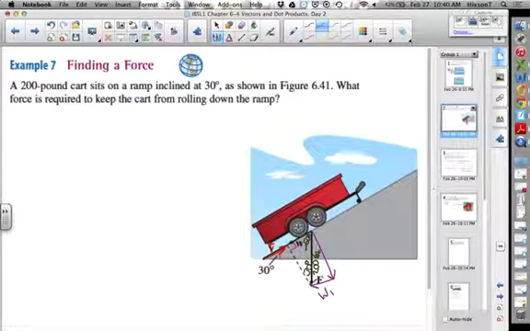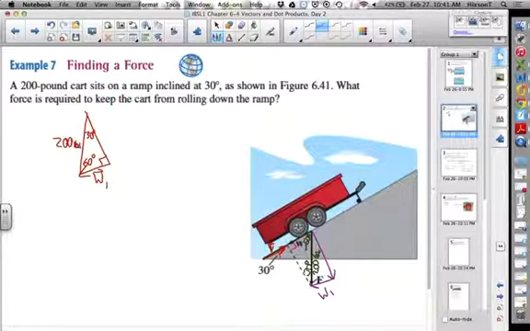Okay? So here, just again, to look at the triangle that we're using, we have this right triangle. This is our W1 that we're trying to find. We know this is 30. We know this is 60. We know that this is 200 pounds.